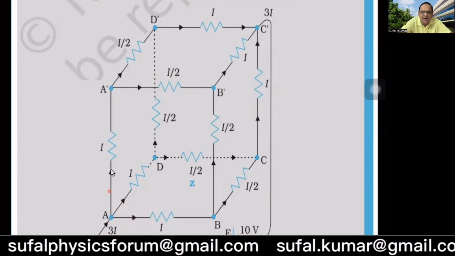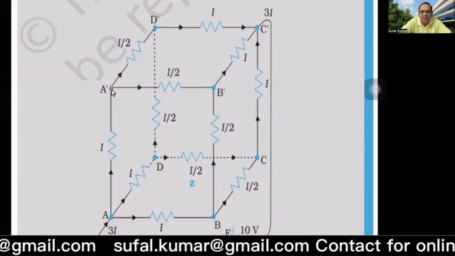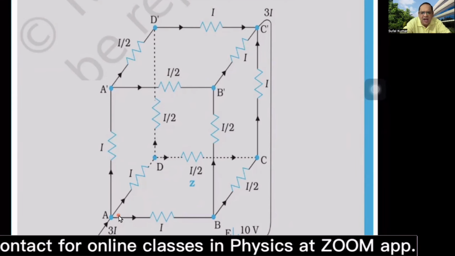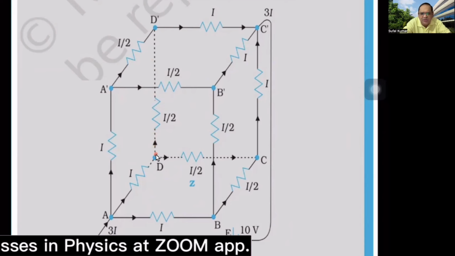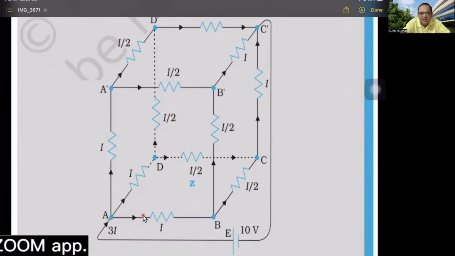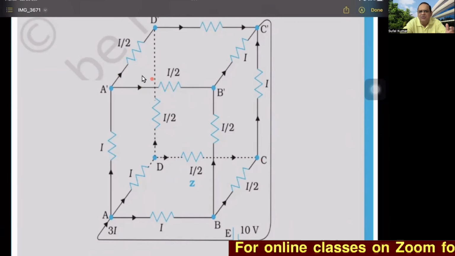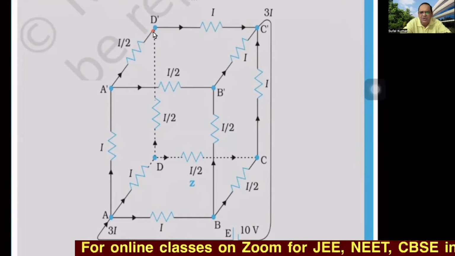So hence current I will further split into I by 2, and this I also I by 2, and this I also I by 2 and I by 2. Then in the next stage, all the I by 2 will be combining towards C dash.